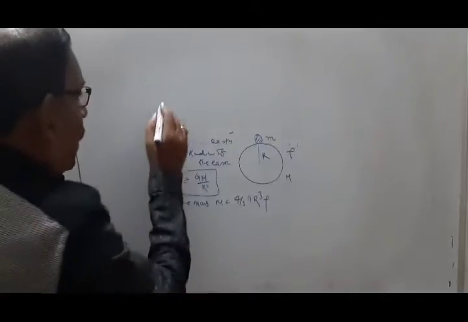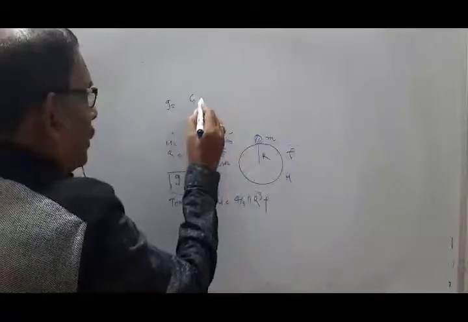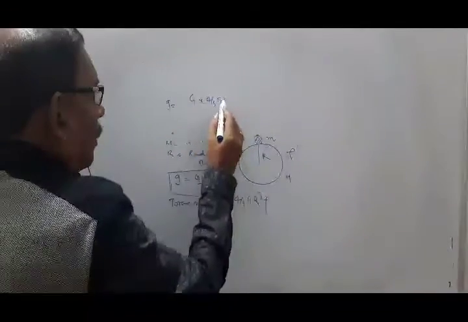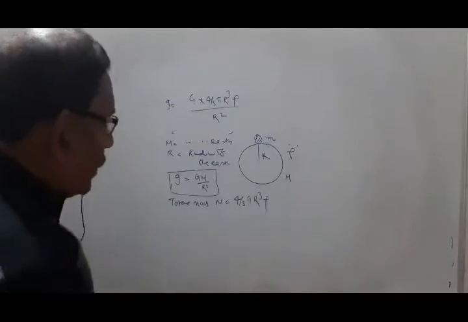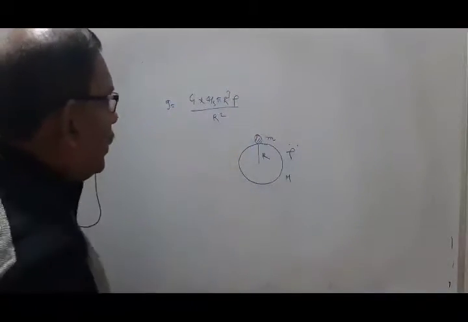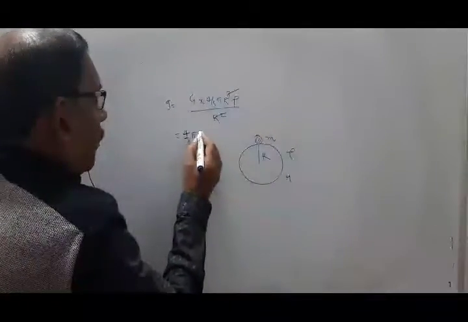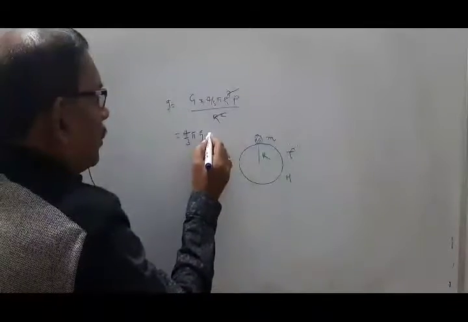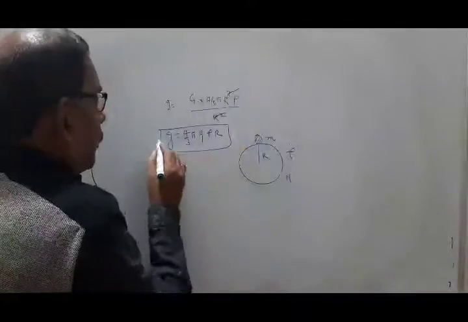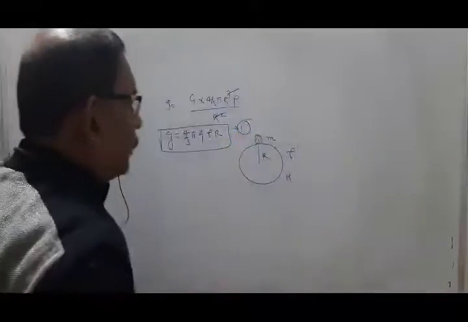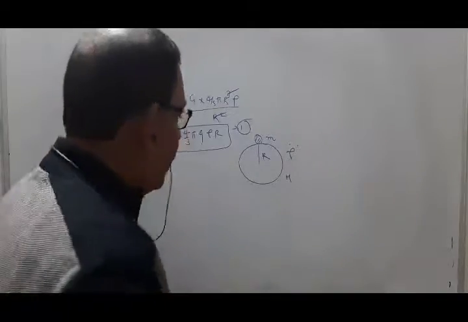The equation becomes g = G(4/3 πR³ρ)/R². Cancelling the factor R², g = 4/3 πGρR. Equation 1.